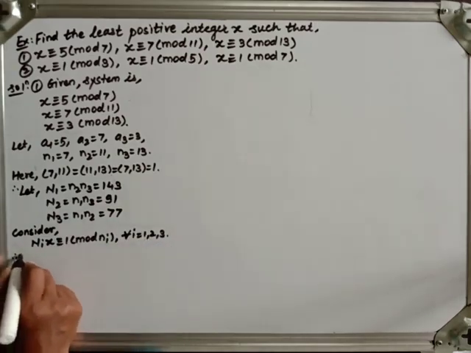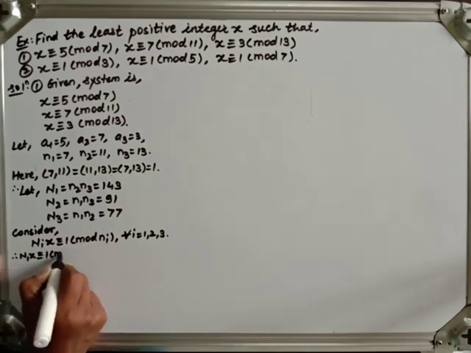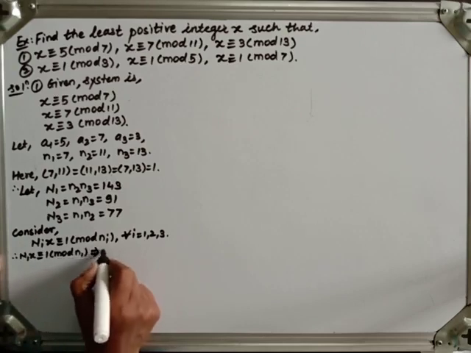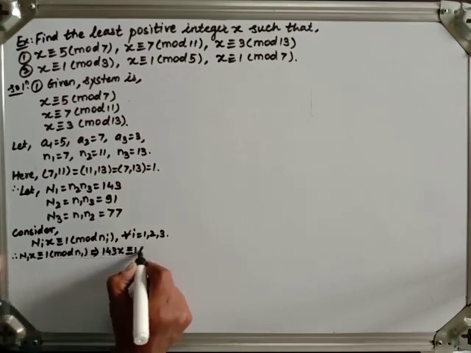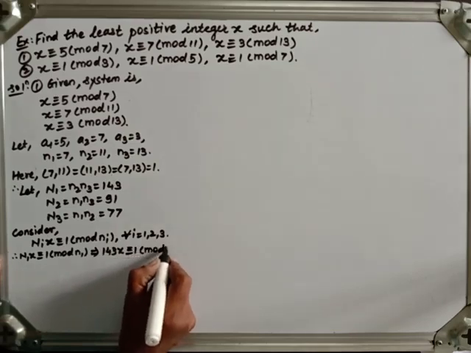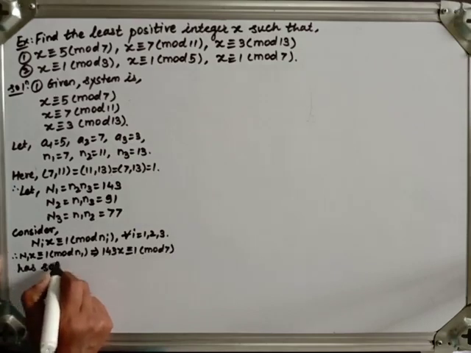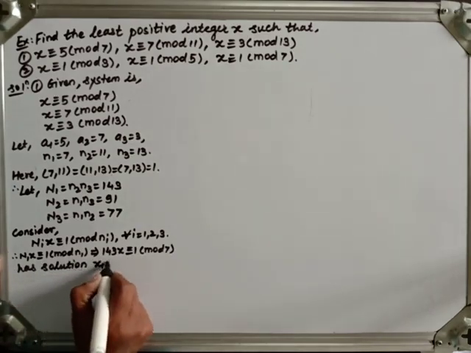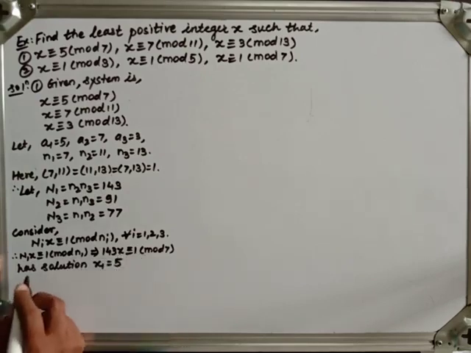Therefore, N1 x congruent to 1 modulo n1 gives 143x congruent to 1 modulo 7, which has a solution. I got it. x1 is what? 5. I try for 1, 2, 3 and so on. I got it as 5.